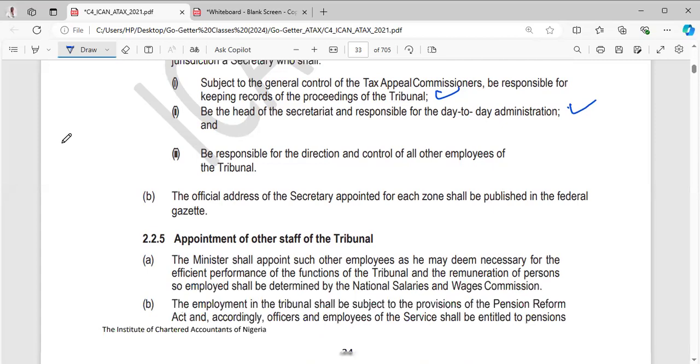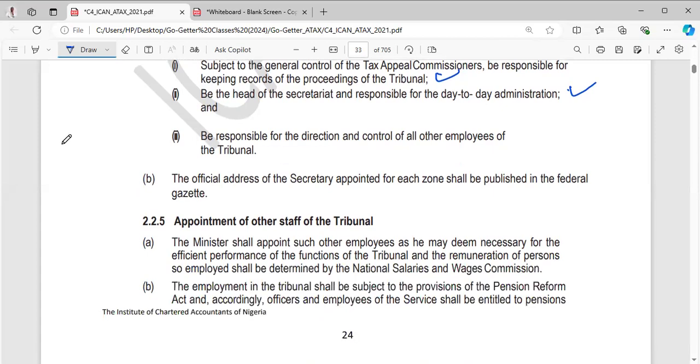Appointment of other staff of the tribunal. The minister shall appoint such other employees as he may deem fit for the efficient performance of the functions of the tribunal, and the remuneration of persons so employed shall be determined by the National Salaries and Wages Commission.